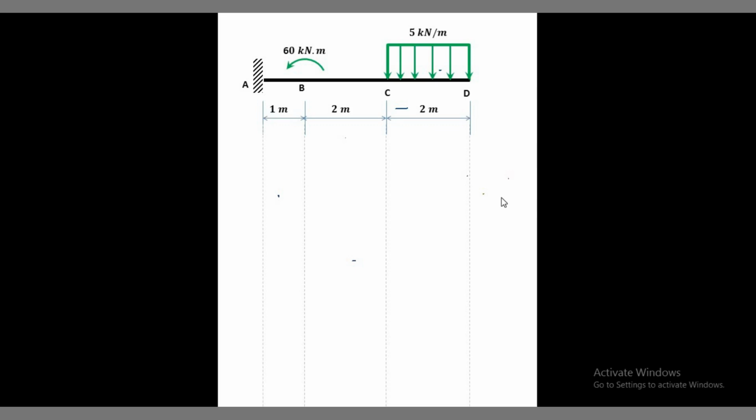Can you give me the values for the reactions at A? Paki-type na lang.